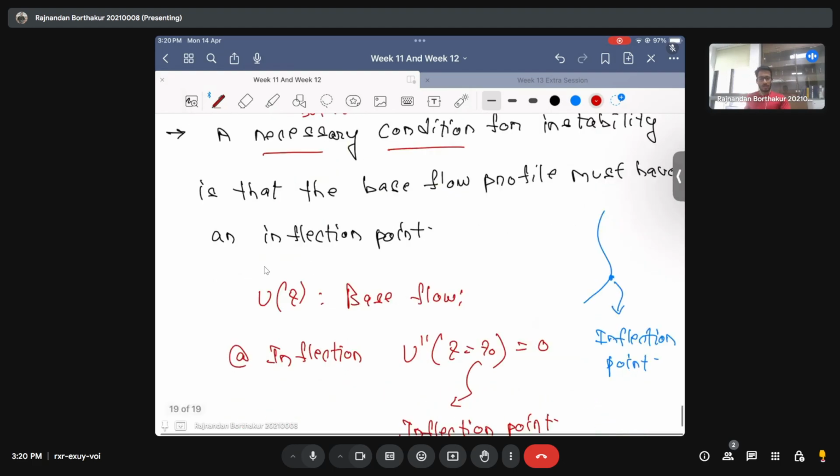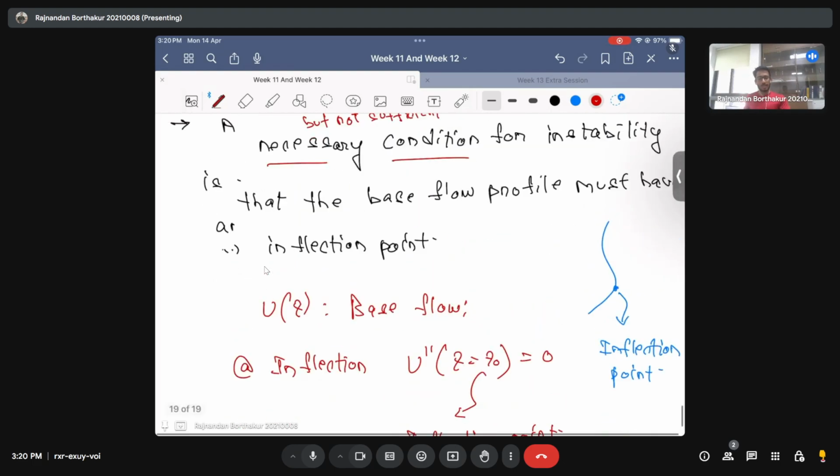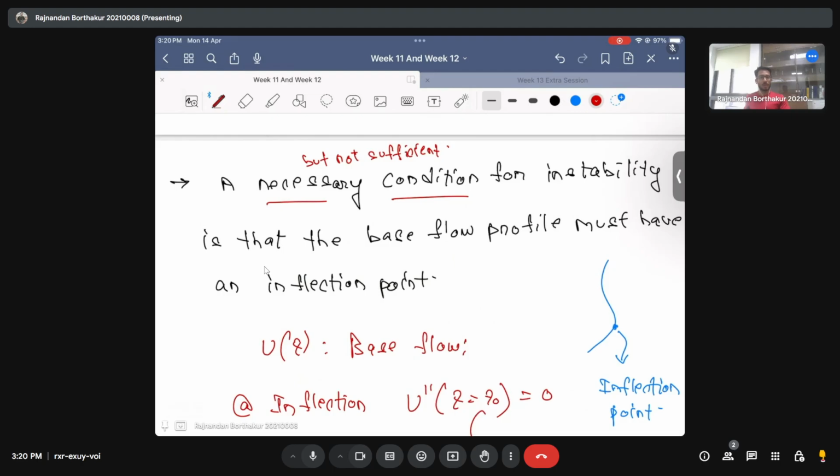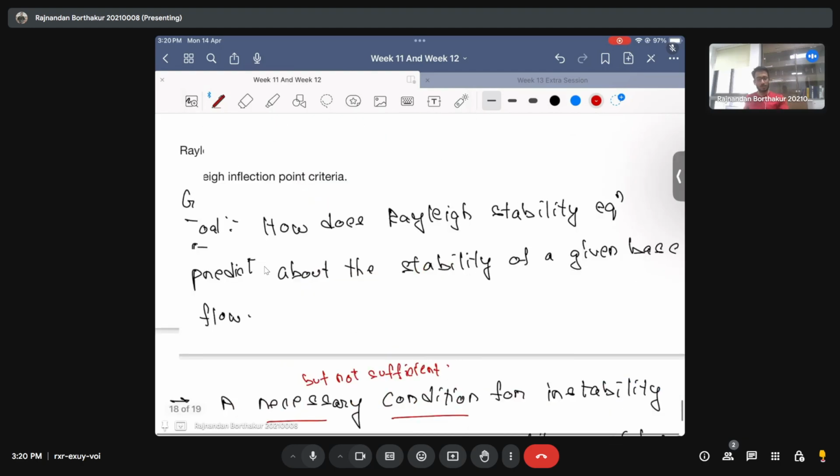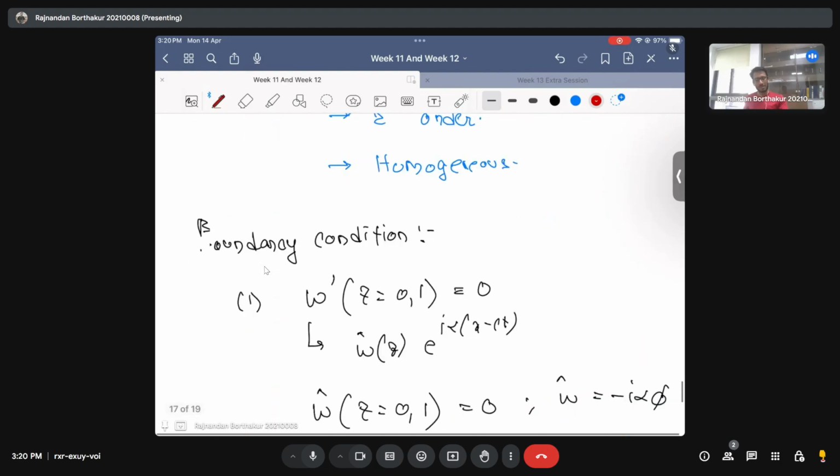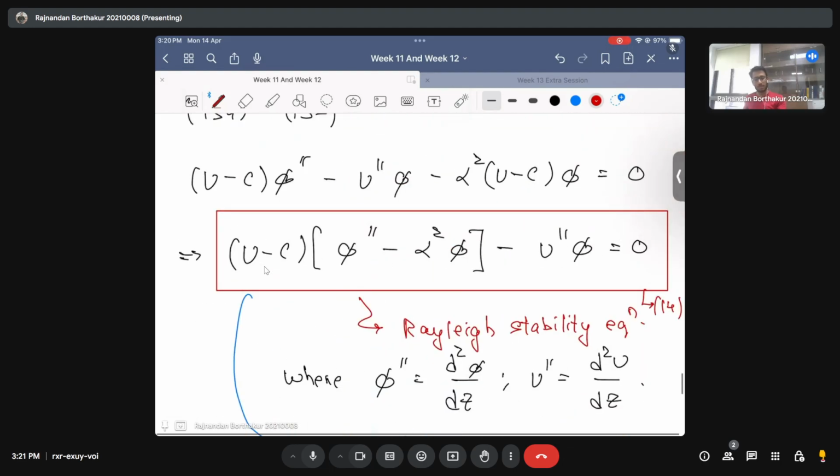Although we have not done it, the proof of the Rayleigh inflection point criterion can be done if we start off from the Rayleigh stability equation. You need to multiply it by the complex conjugate of phi, and then integrate it throughout the domain.